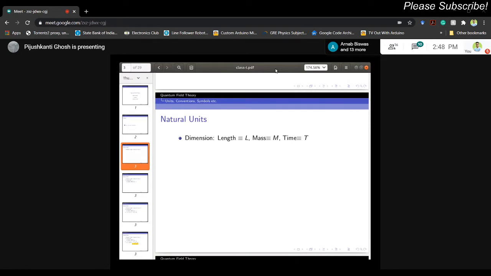Similarly, h bar is used to define whether the system is quantum or classical. For example, when you talk about the classical-quantum correspondence, we take h bar goes to 0. That's the limit from going from quantum to classical.